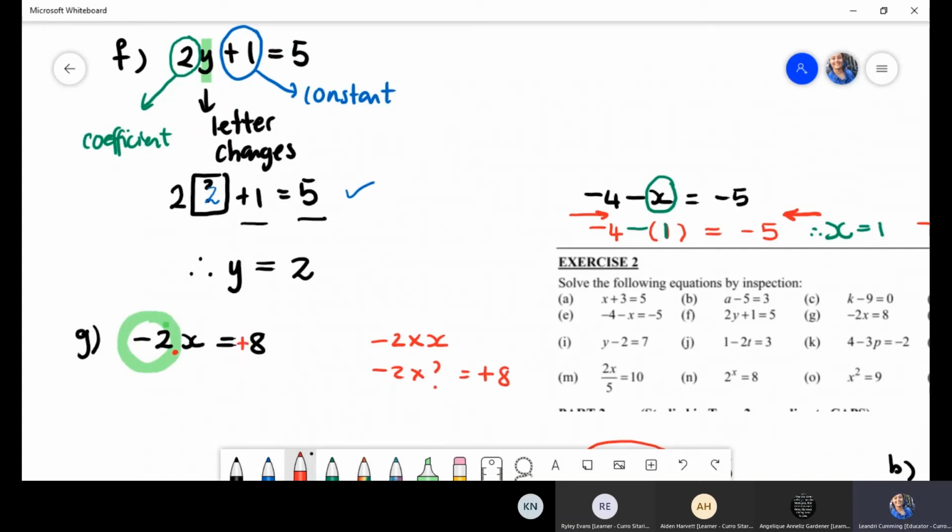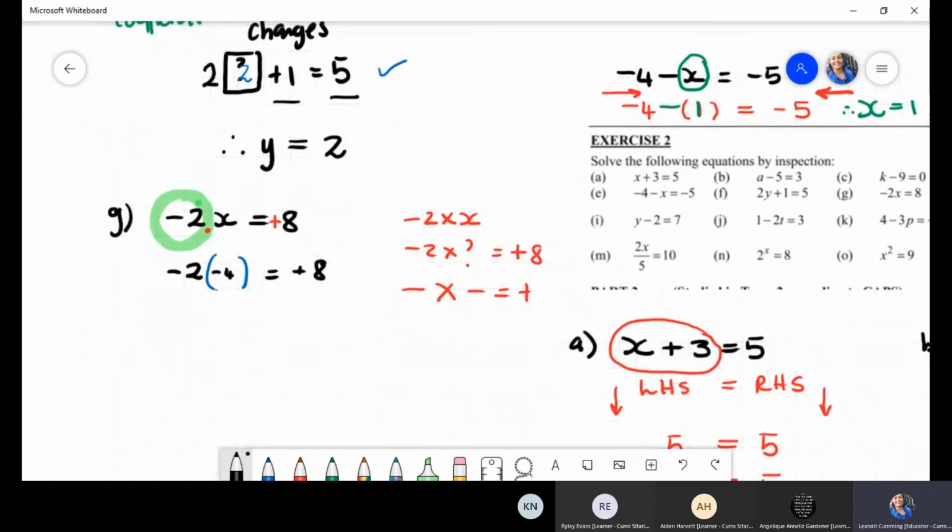I know a rule called a minus times a minus is a plus. So that means that minus 2 times that something to give me a positive 8 should be a minus. And then what else? I know 2 times 4 is 8. Yep, that will be true. But I'm not writing my answer like that. I'm saying therefore x is equal to -4.